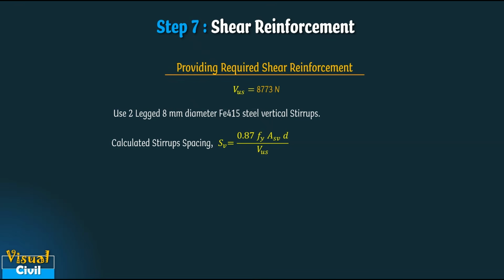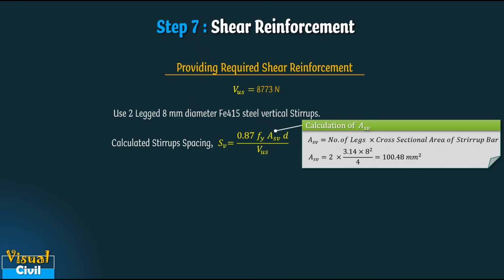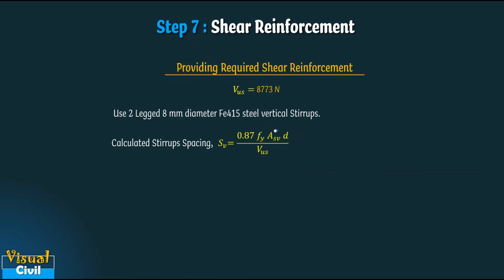In the equation, the value of ASV, which is the total cross-sectional area of the stirrup legs effective in shear, will be calculated by multiplying number of legs with the cross-sectional area of the stirrup bar. After providing all the values in the equation and solving, we get stirrup spacing SV equal to 1075 mm.